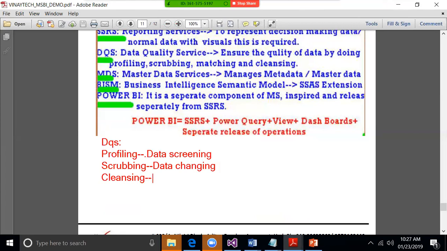Cleansing means removing inconsistent, wrong, junk, unwanted, and redundant data. So this removal is called cleansing.